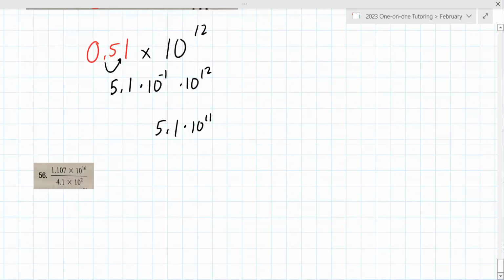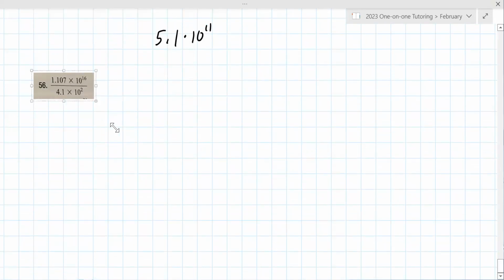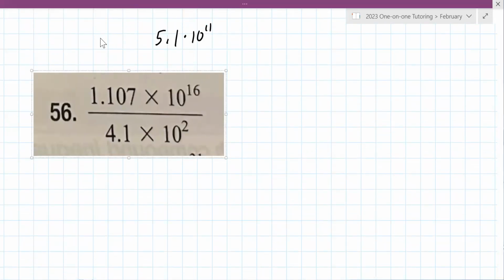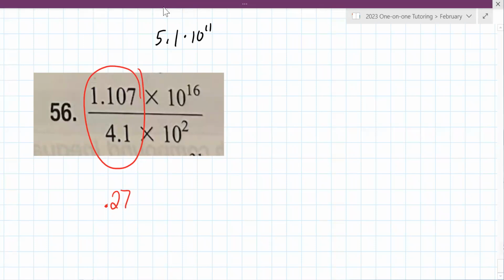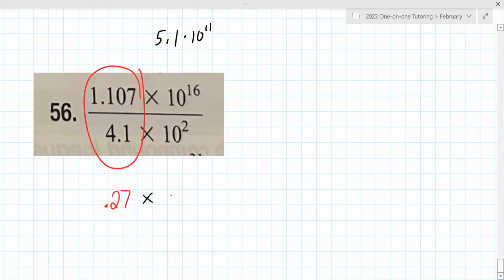So again, you're going to divide the first numbers, which means you have to go to the calculator and figure out what this is. They're not obvious. Some students have to do these by hand, but they wish they had a calculator.